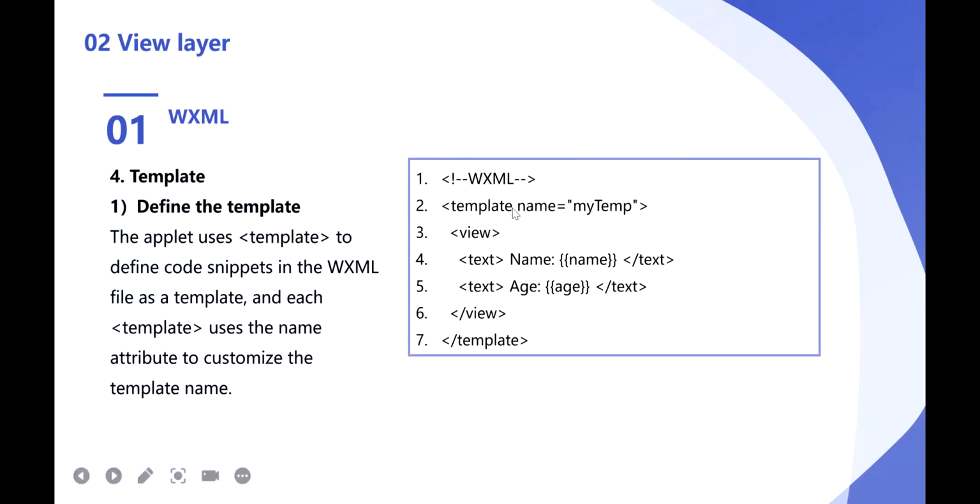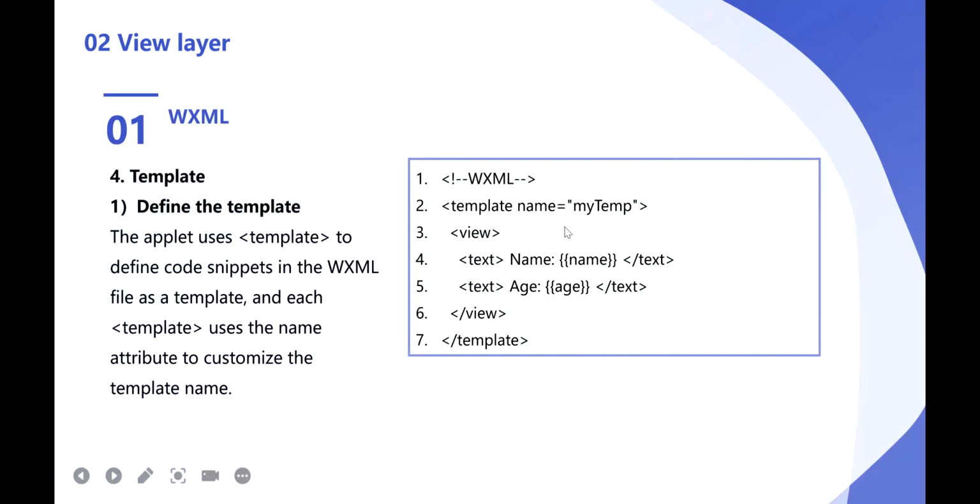Here, the applet uses templates to define code snippets in the WXML file, and each template uses the name attribute to customize the template name. We have made a template named my template.